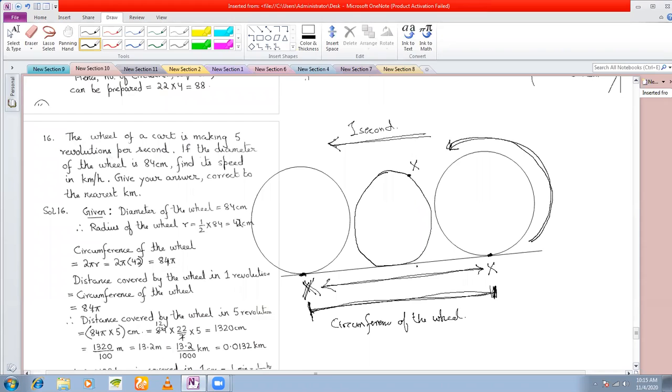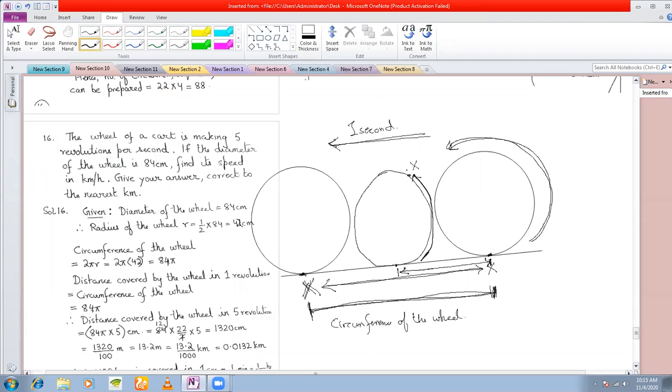What is this distance covered? Not this distance, but in fact this distance. What is this distance covered here? This distance covered must be equal to the length of this arc. Do you agree?